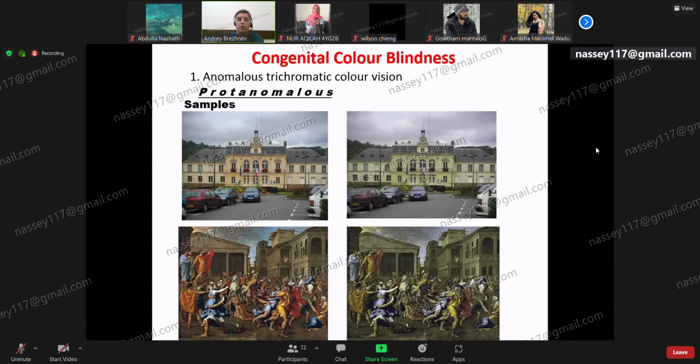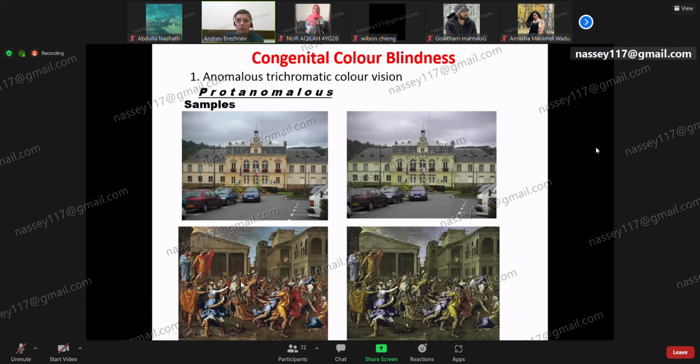Here you can compare the normal picture and picture of the patient. How does it look like? The anomalous perception of the red color. Now, you can compare this red car and how it looks in the eyes of the patient with the protanomaly.